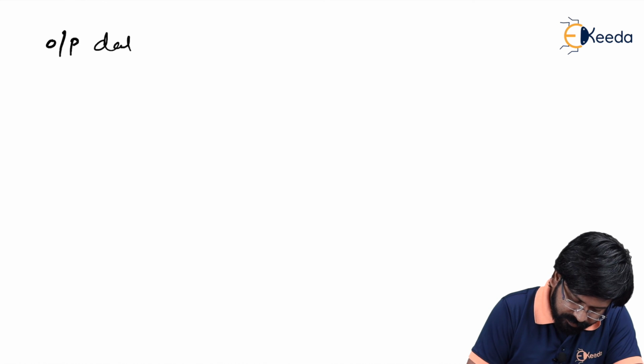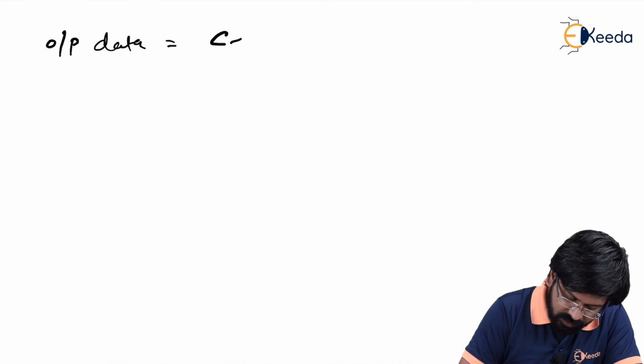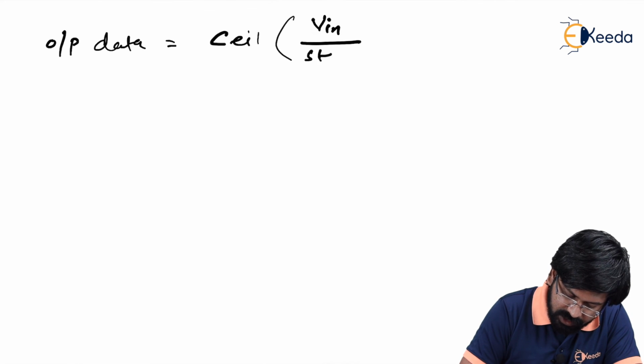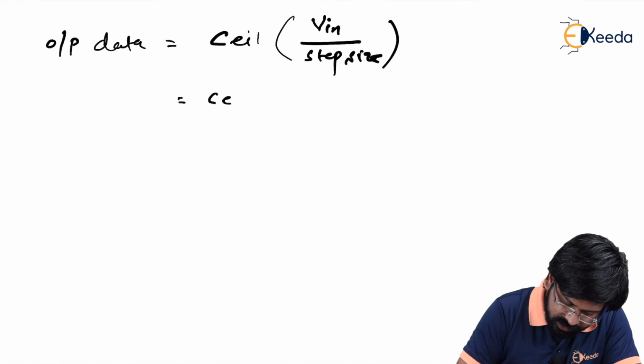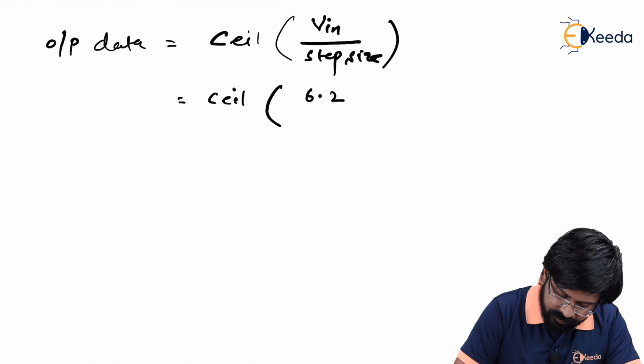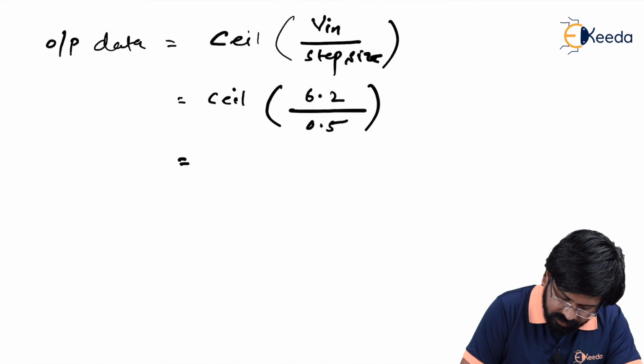So here the formula was output data equal to the Ceil function of V in upon step size. Therefore it is the Ceil function of V in, which was 6.2, divided by step size, which was 0.5. Now it gives you Ceil of 12.4.